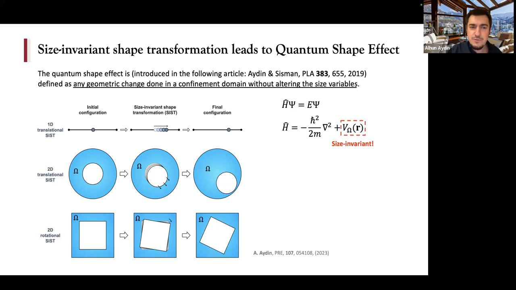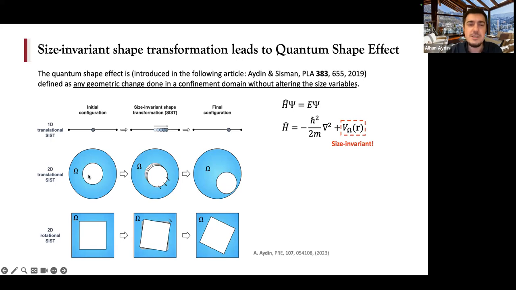So this blue region is the region that I am interested in. You can, for example, think of these as two materials, but the electrons are confined in this region, denoted by the blue color. Okay. Now consider that I'm moving this inner disk somewhere inside the domain. So I'm translating it, and I'm reaching this final configuration.